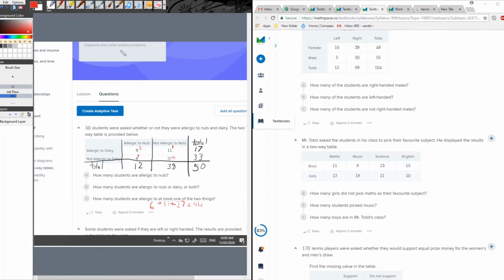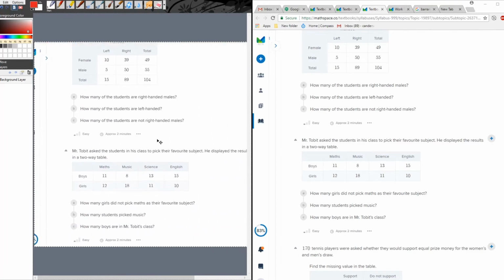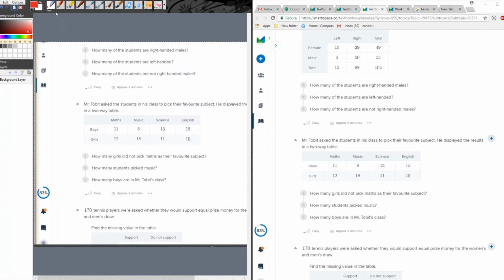Now, this is one of those not questions. When we are doing a not question, we need to find out what it is we want and don't want. So how many girls, so we're after the girls section, did not pick maths.